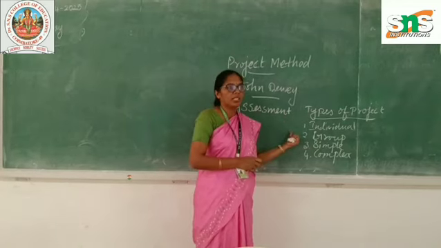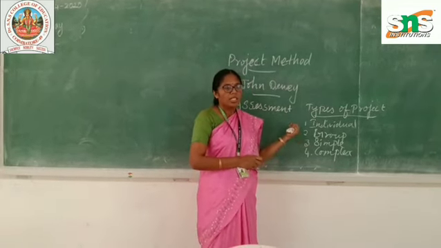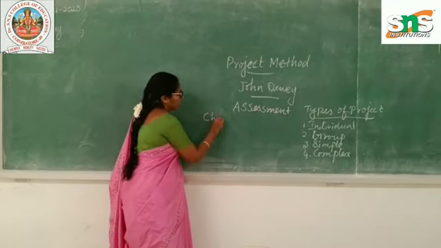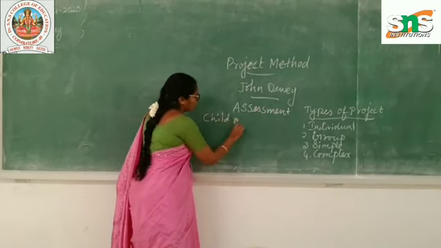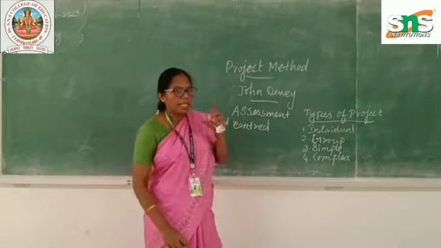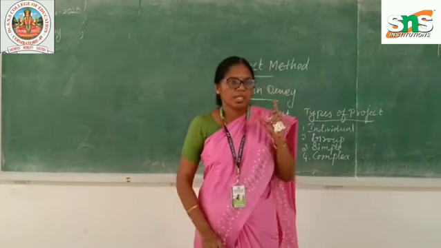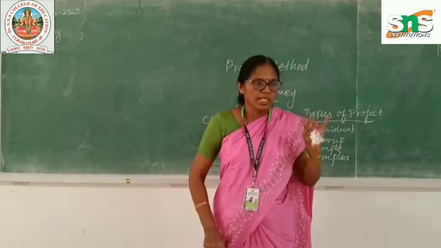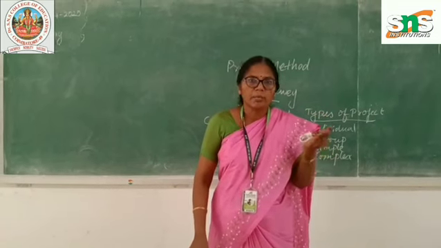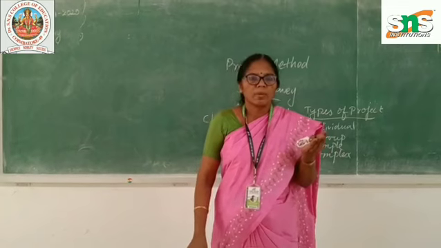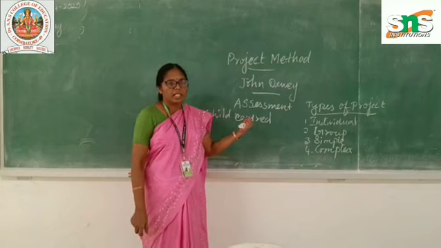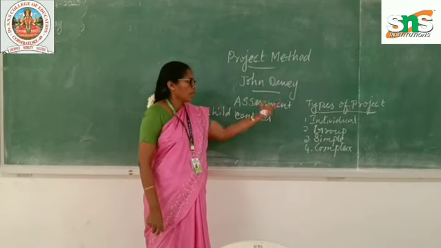One of the main things I want to mention is that it is a child-centered method, because as you all know, we have three main categories of methods of instruction: student-centered or child-centered, teacher-centered, and ICT-based methods. Here, in the assessment technique also, we have chosen the project method.